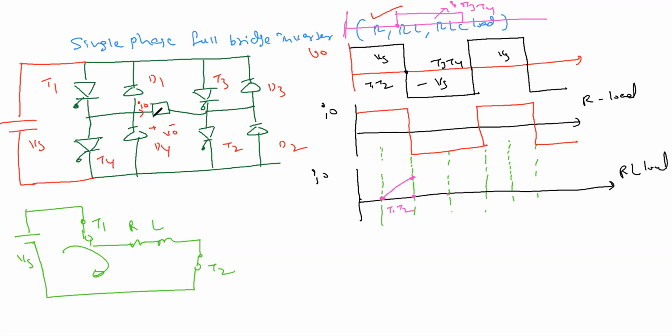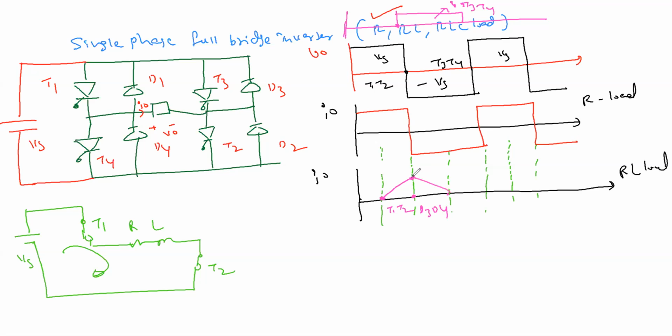Same current will go. इधर नहीं जा सकते क्योंकि opposite direction में. ठीक है? So only option I have is D3. Counterpart कौन है? इधर नहीं जाएगा, इधर जाएगा. So D3 and D4. समझ गए ना बात? So D3, D4 here now.